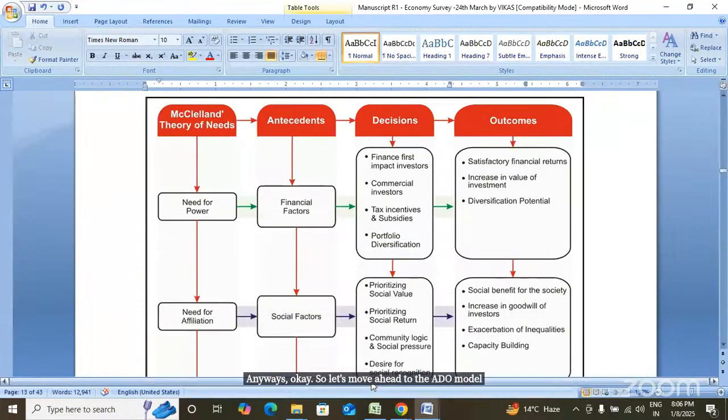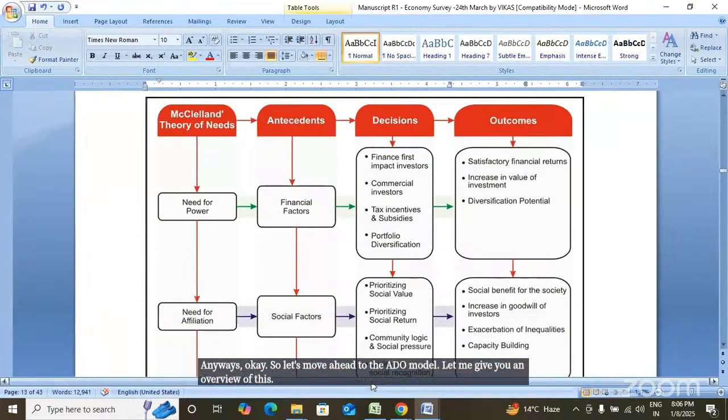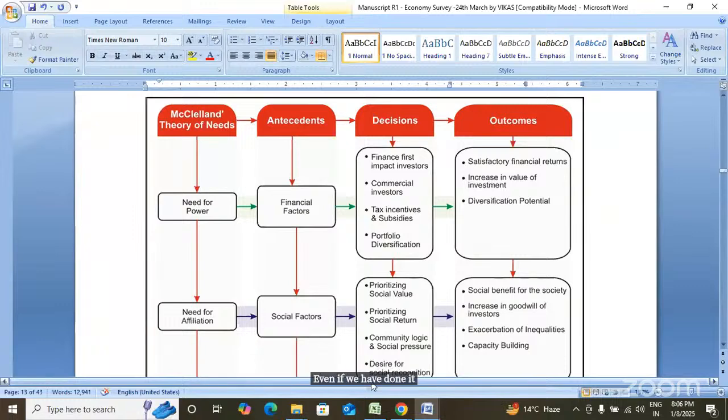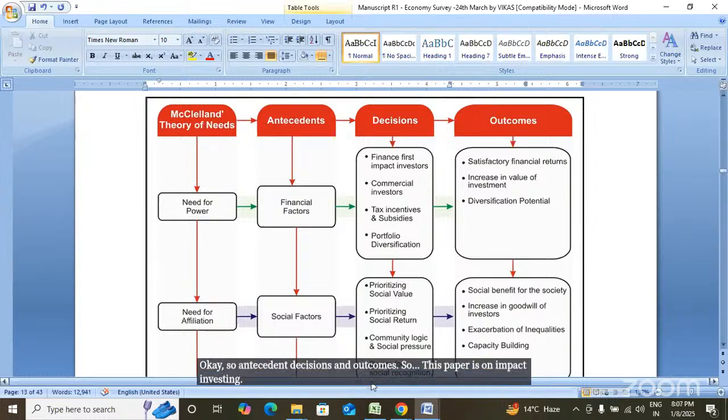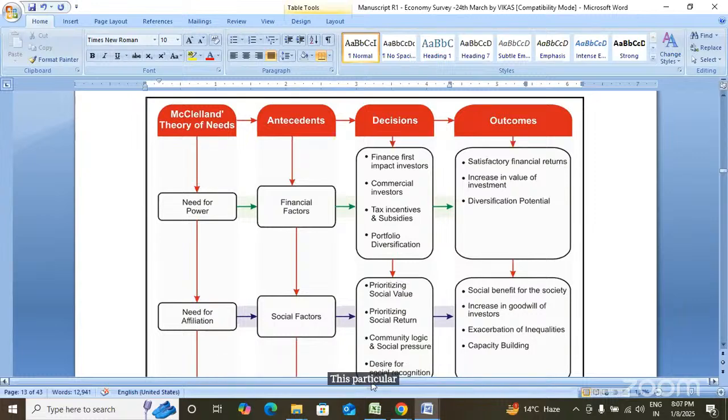Let me give an overview of this, even if we have done it. ADO stands for antecedents, decisions and outcomes. This particular paper is on impact investing.